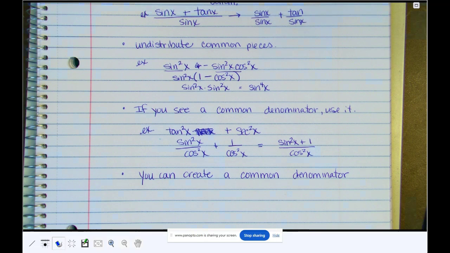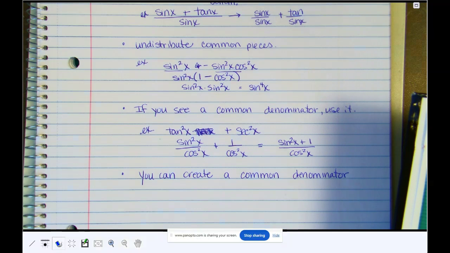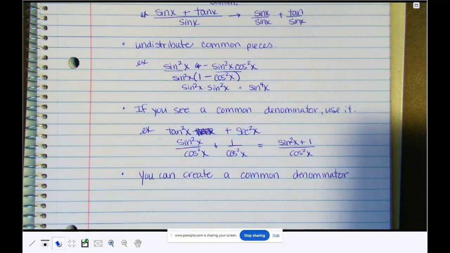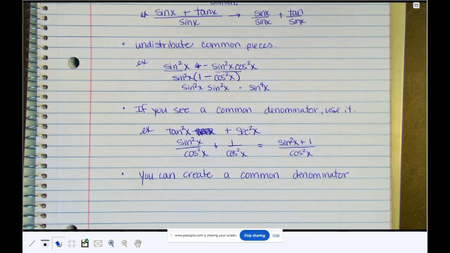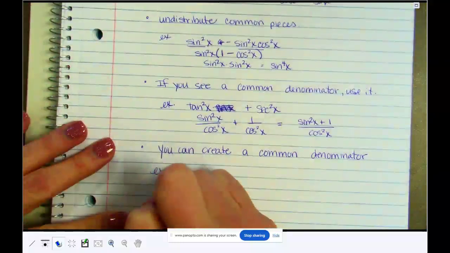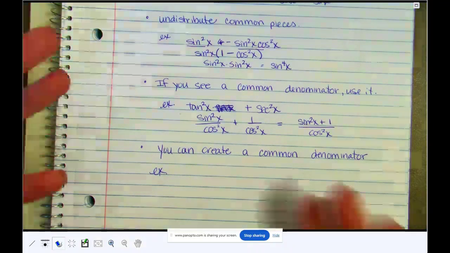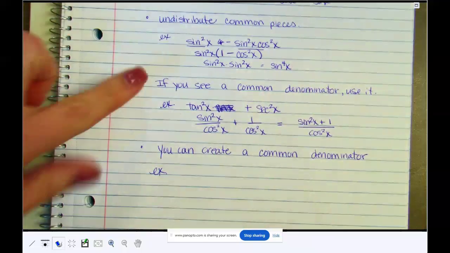I've got to see if I can find it. 54. Okay. So let's say that we have this example. This is fraction math, more fraction math. We got a lot of that, really. Fraction math, fraction math, fraction math.